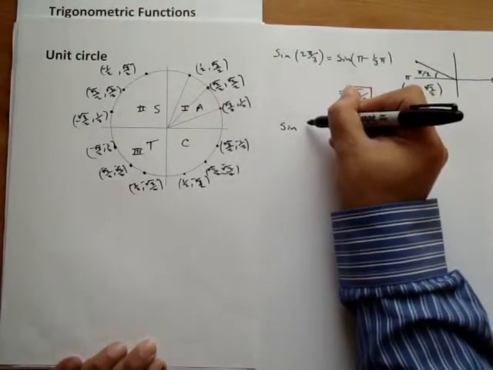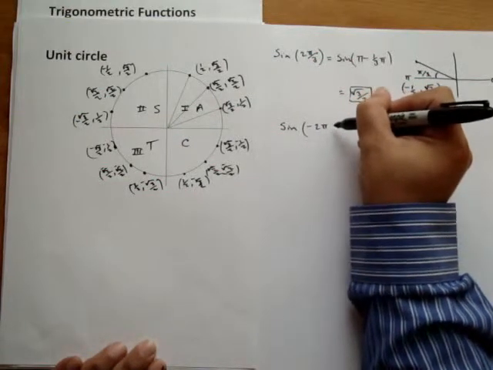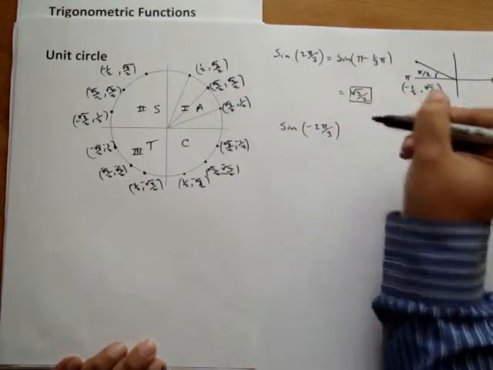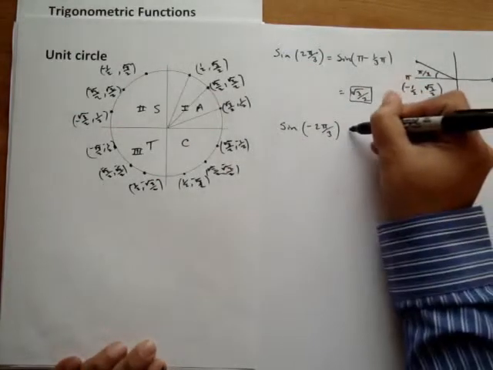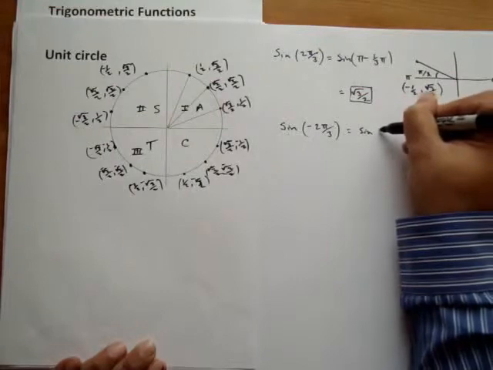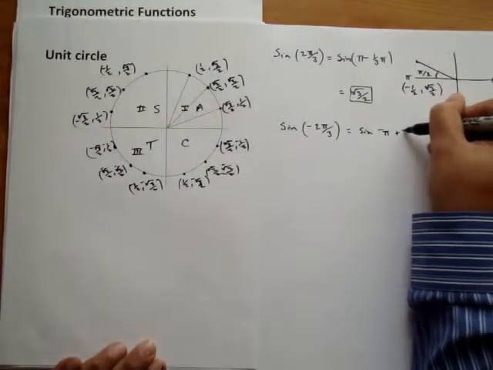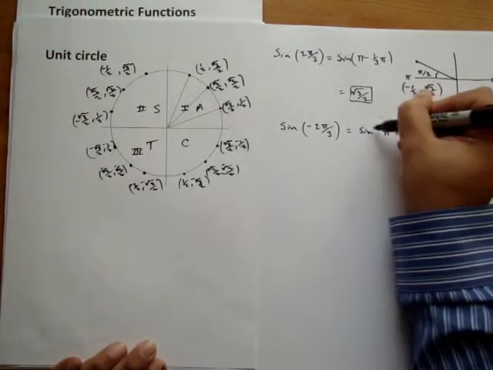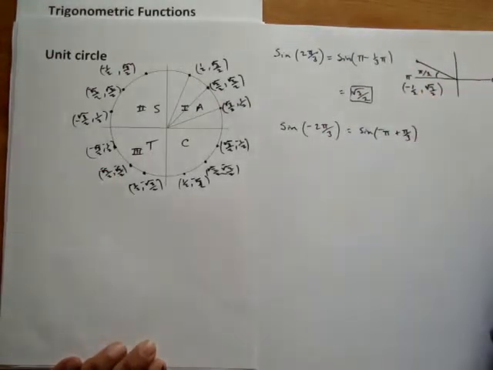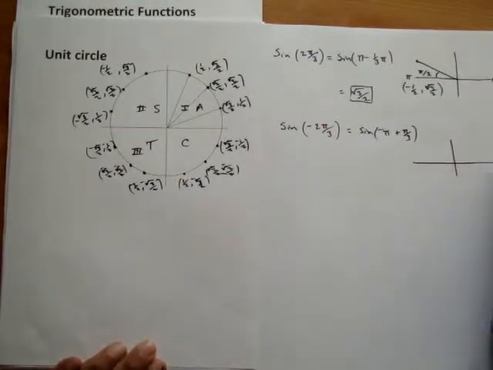Sine of minus 2 pi over 3. This is the same as the sine of minus pi plus pi over 3. So if we draw our quadrant diagram, this is pi.